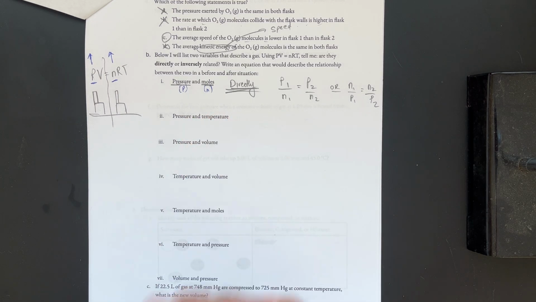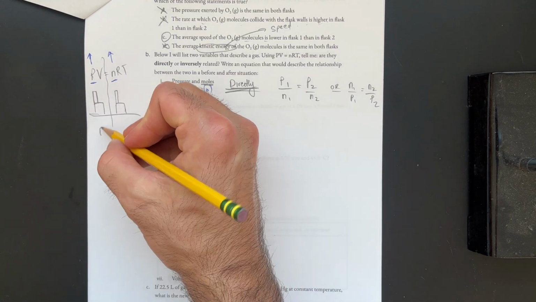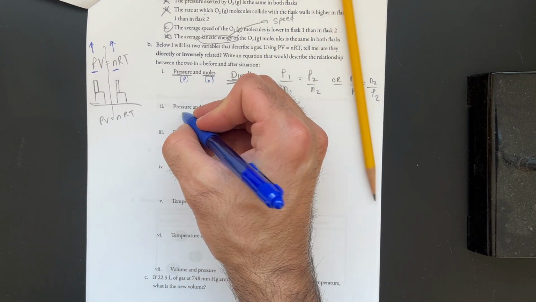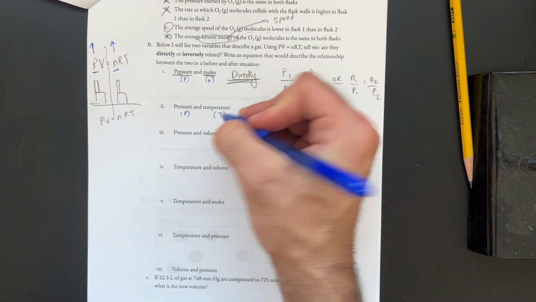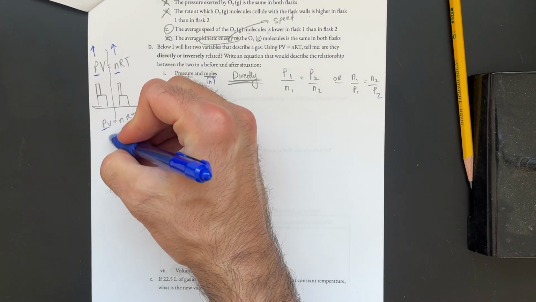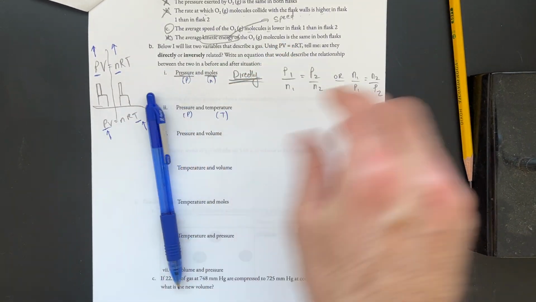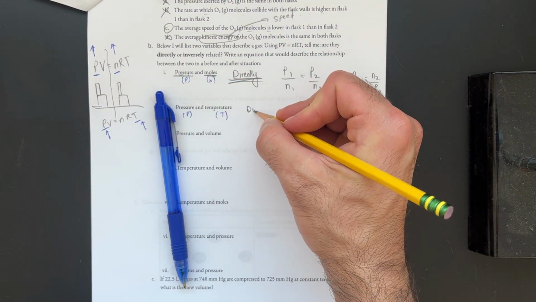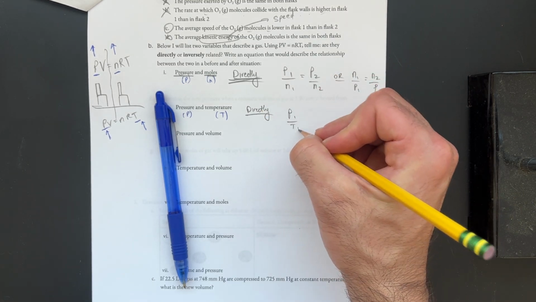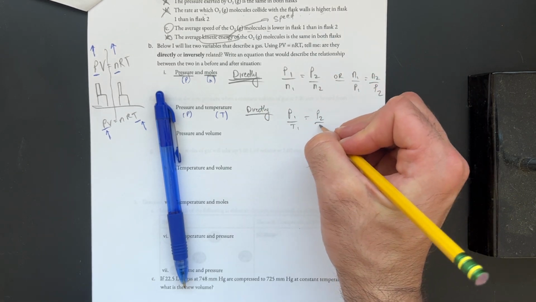And so if we go to pressure and temperature, again, PV = nRT. Pressure is P, temperature is T, P and T. Again, same situation. If P increases, T must increase since they're on opposite sides. These are directly related. And therefore, P1/T1 = P2/T2.